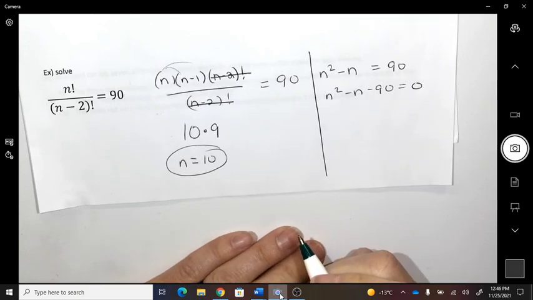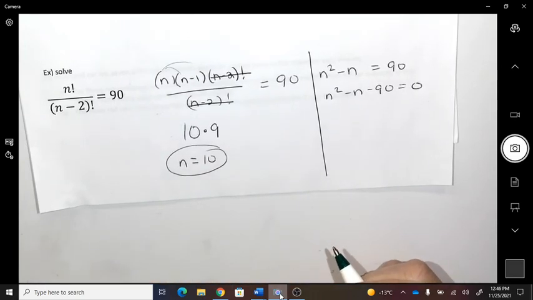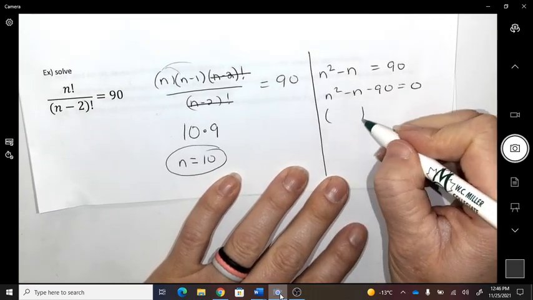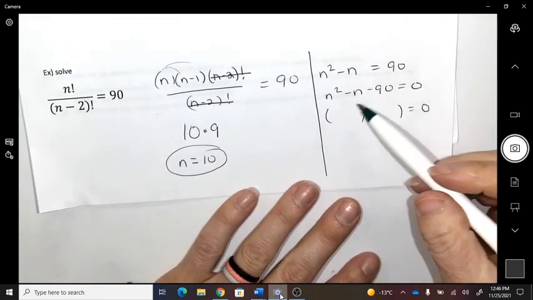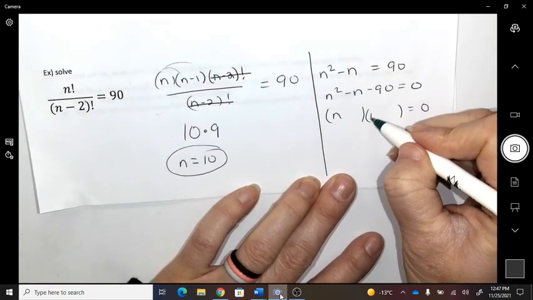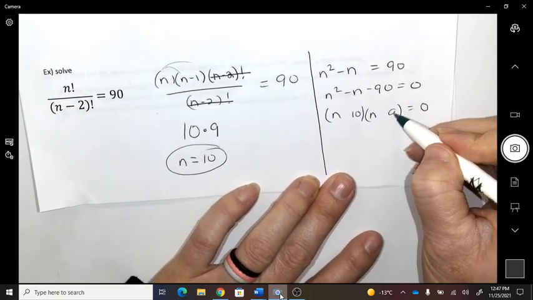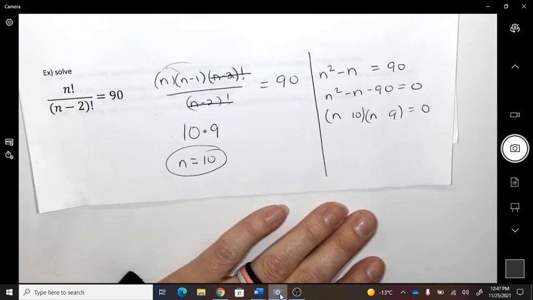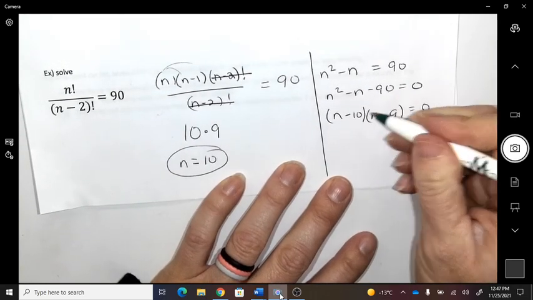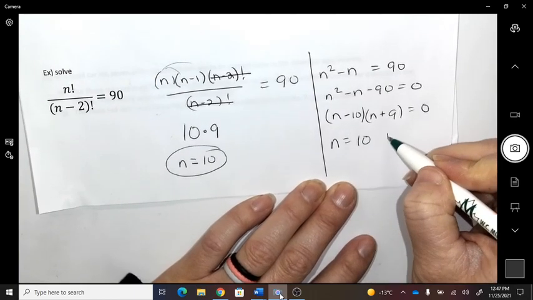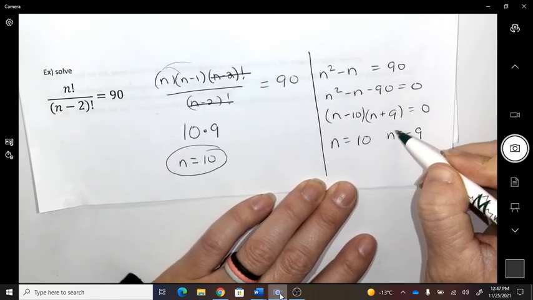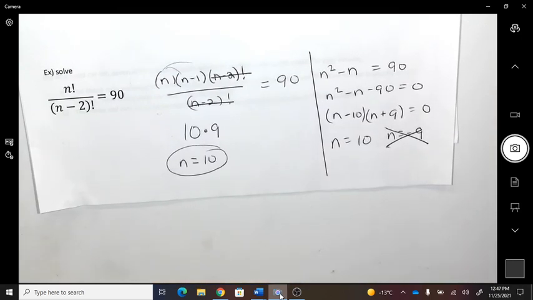If you are already fine with the applied brain, don't even worry about writing this down. Factoring, because that's a quadratic trinomial. 10 times 9 multiplies to 90. I need to make a negative 1. Therefore, n equals 10 or n equals negative 9, but that's not allowed.